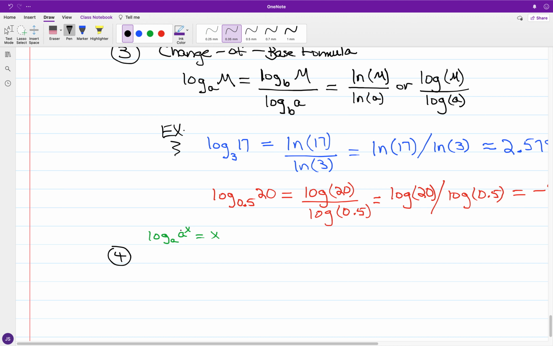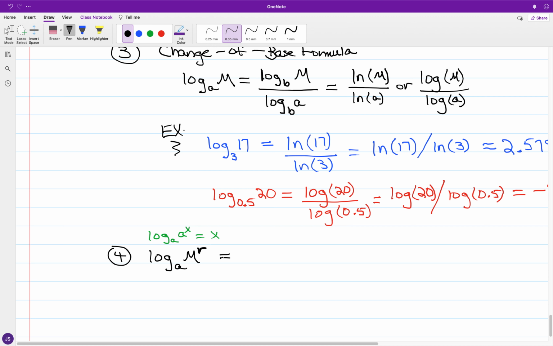Let's say for the next property, we have something like the base a logarithm of m to the r. So you have distinct variables in the bases. We have the base a logarithm, the exponential base is going to be m, and the exponent is r.